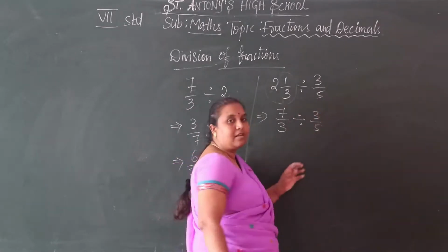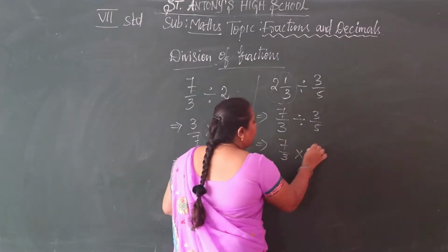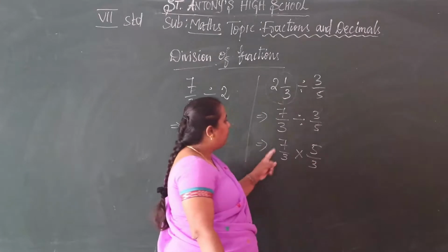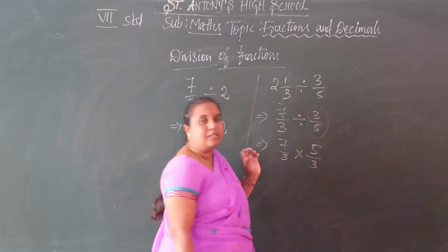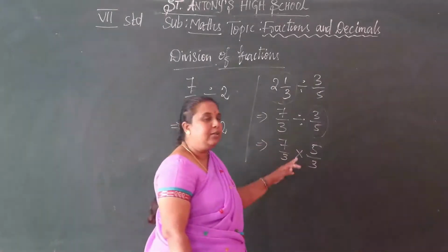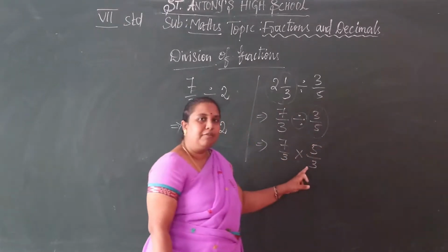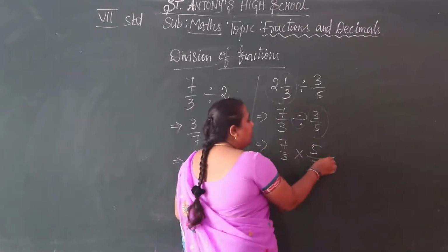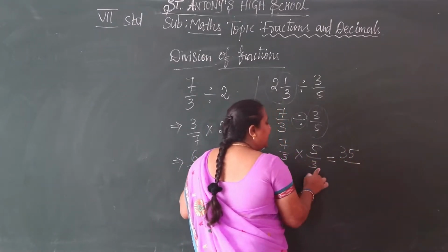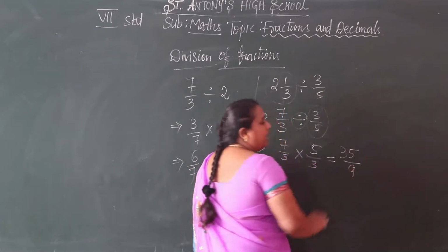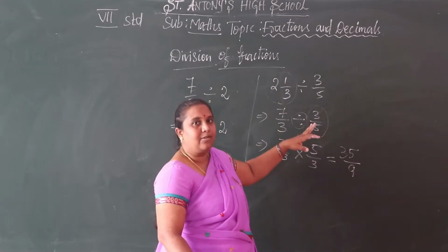You can write as it is. Then 7 by 3 into 5 by 3. We write the reciprocal of the second fraction and change the operation, that is, division form into multiplication form. Then numerator into numerator: 7 fives are 35, and denominator into denominator: 3 threes are 9.